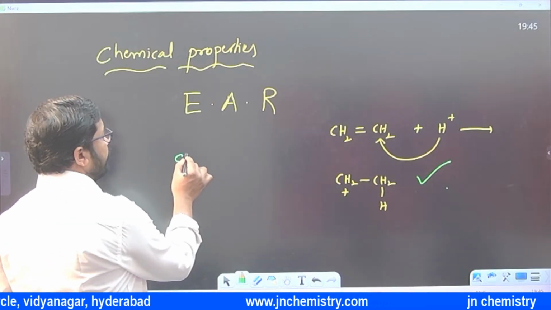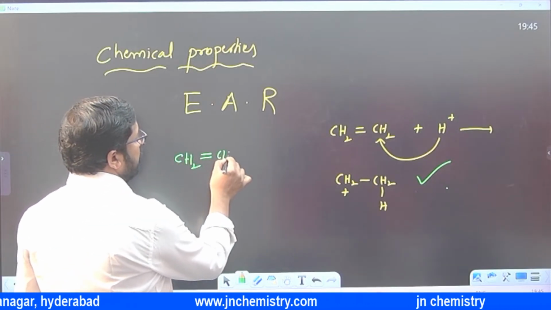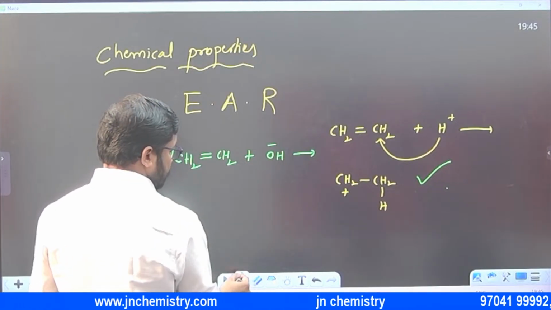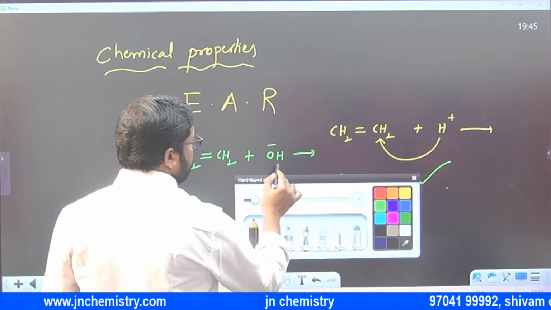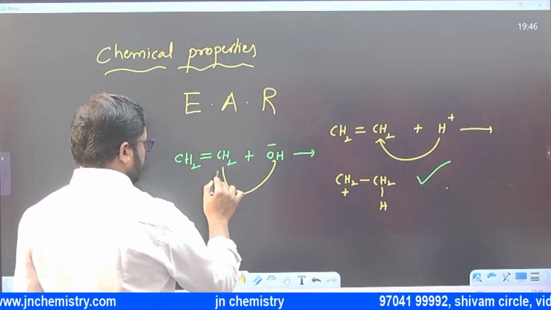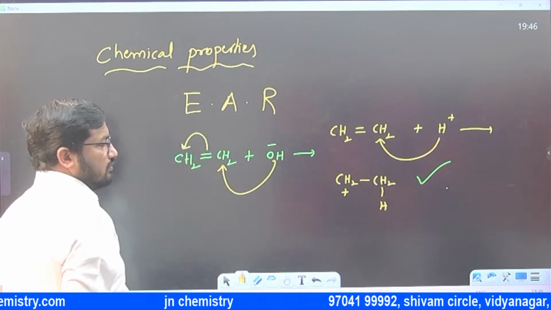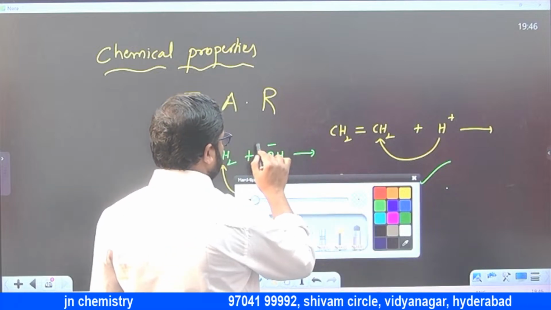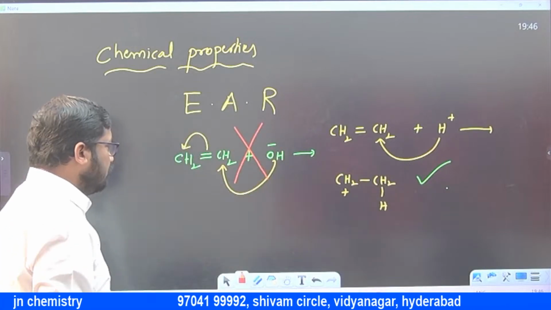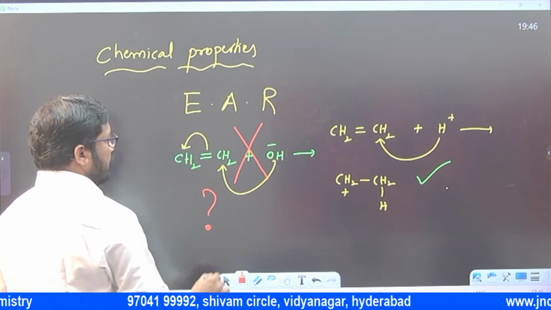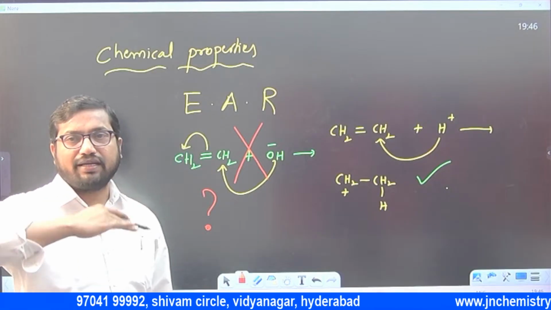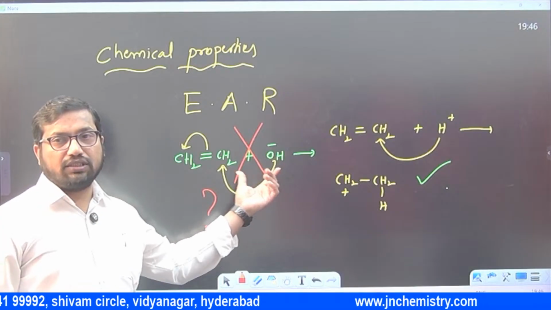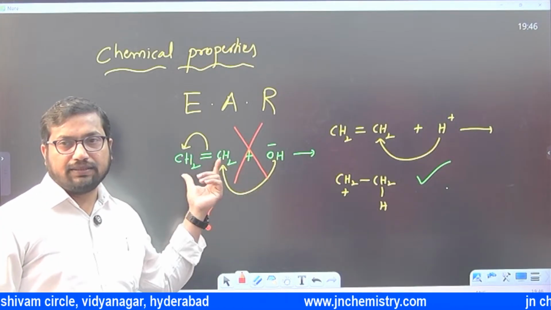For example, OH minus. Is it possible? It is not possible. Why? Above and below the alkene there is electron density, negative charge, and OH minus is also a negative charge, so there are electron repulsions.